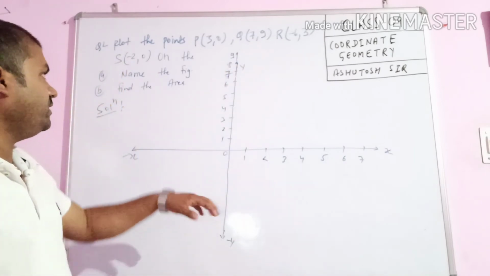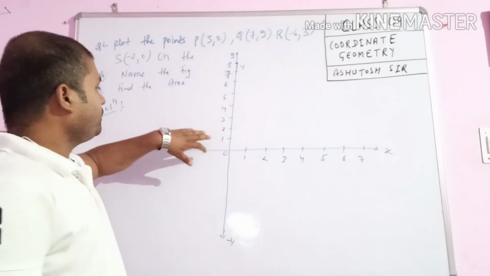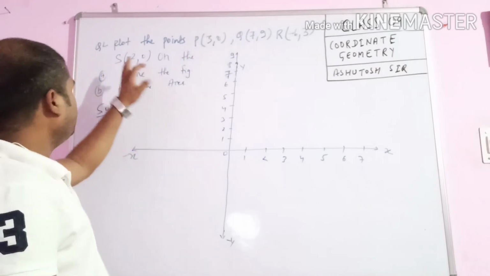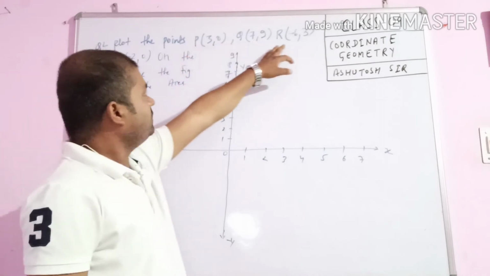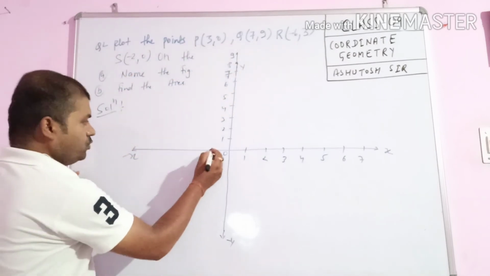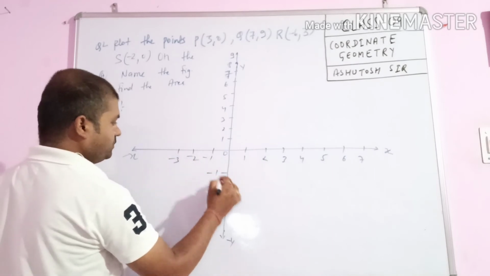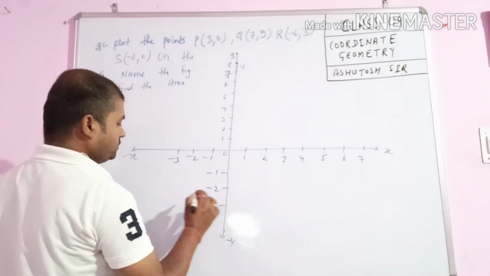The space is less here. And on the negative axis: minus 1, minus 2, minus 3.